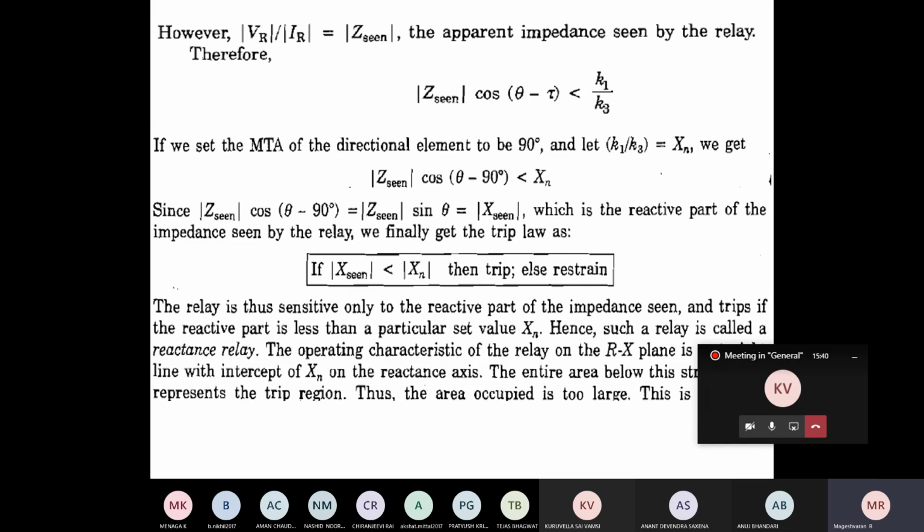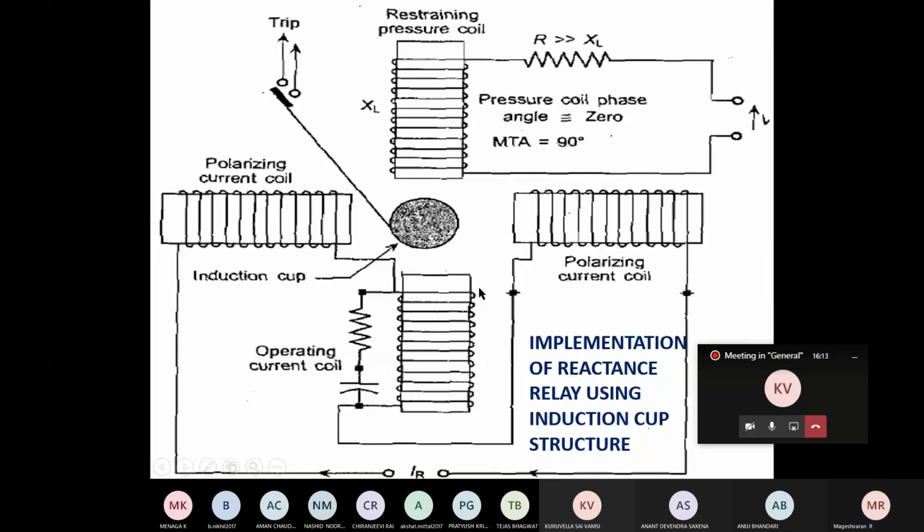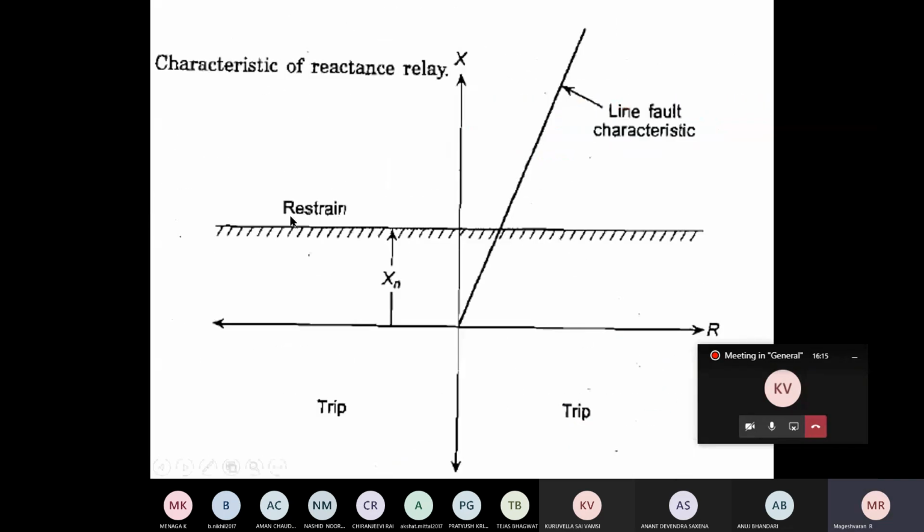Now this statement of the trip law shows that the characteristic is nothing but the distance from 0 in the RX plane up to a certain Xn, the threshold value in X. Since it has not mentioned any value about R, an infinite line can be passed through that Xn magnitude in the y-axis. That line is a horizontal line and it is an infinite line going through.